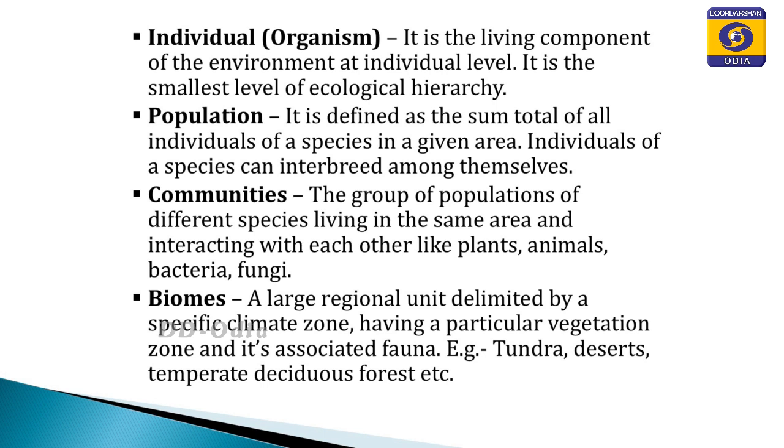When we say a large area having a particular type of climate, that will obviously have a specific type of vegetation and related fauna also. Depending upon the type of vegetation and climate, the fauna of the area will be decided. Like we shall say tundra as a biome, desert biome, temperate deciduous forest, like that.